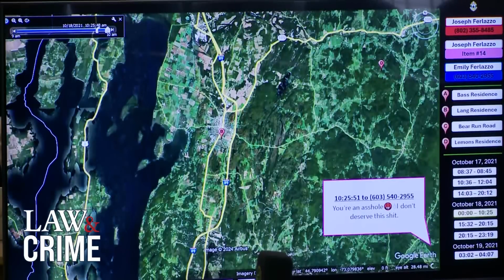It was that same pattern of cell site usage. Okay. And so the next block of time, we are now on Monday afternoon, October 18th at 3:32. Does the device move or have further activity? Yes, it starts to move. Okay, show us that.